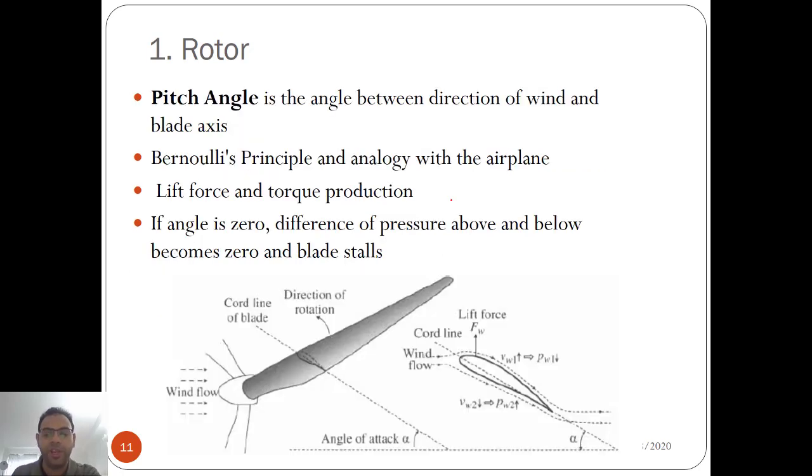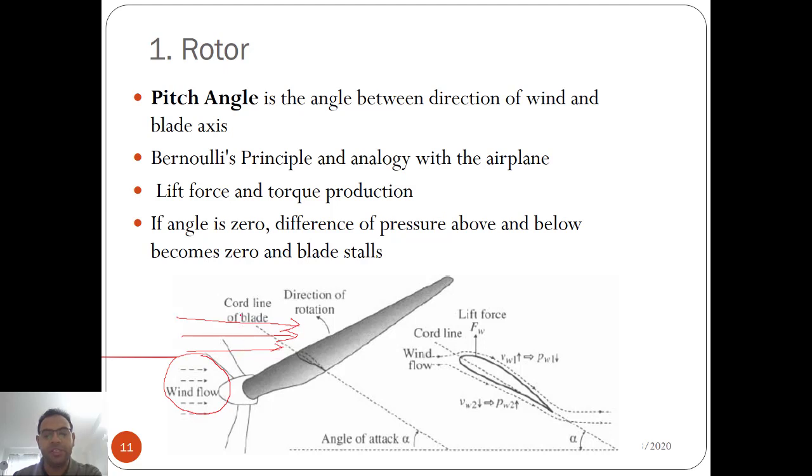So now here we can understand how the lift principle works. The first thing that you need to understand is the pitch angle, and it is also called the attack angle. For instance, this is the direction of the wind. Here you can see the direction of the wind flow, and this is the axis.